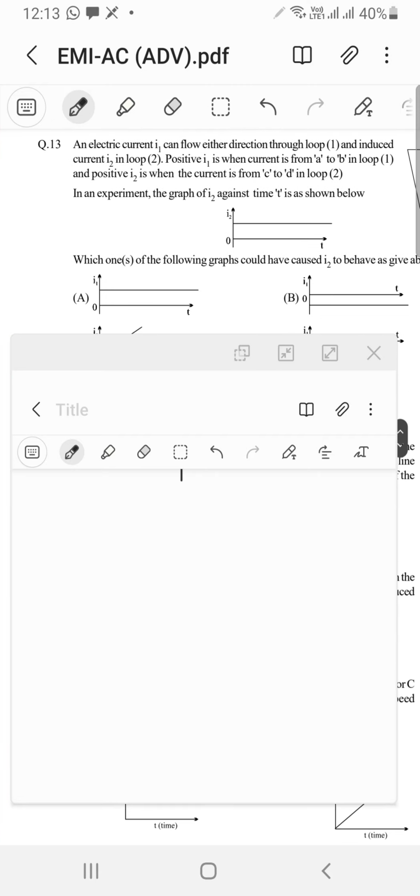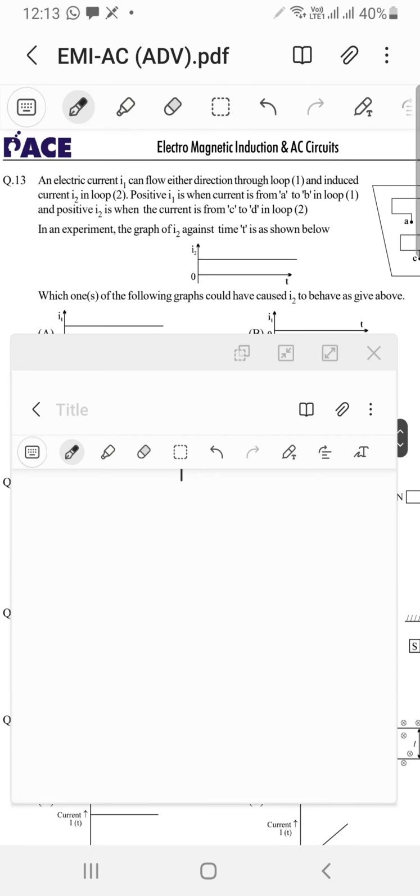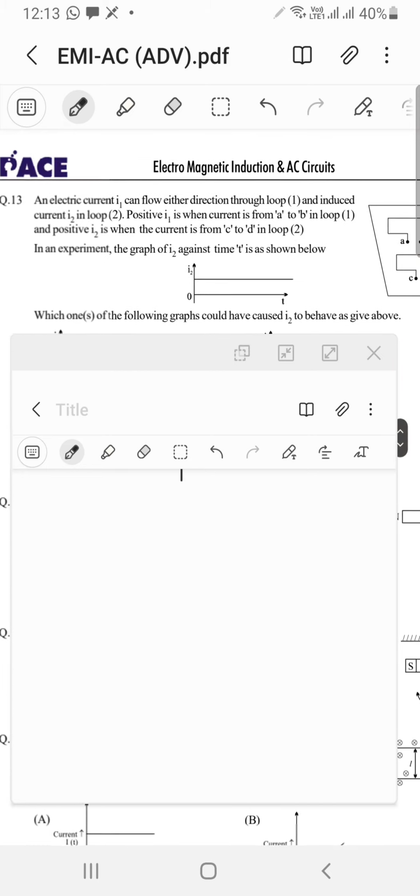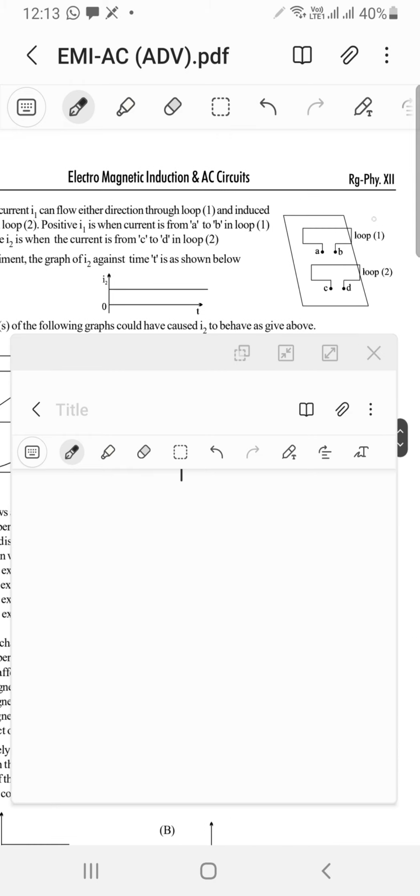Okay, and electric current I1 can flow either direction through loop 1 and induced current I2 in loop 2. What's this either? Oh, in either direction, so like this or like this.